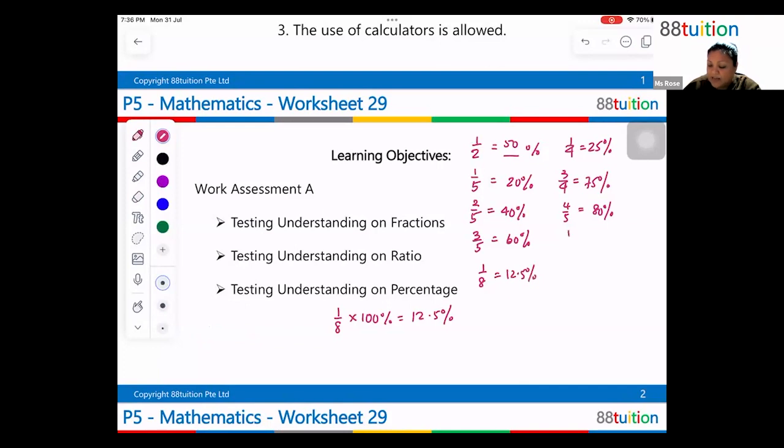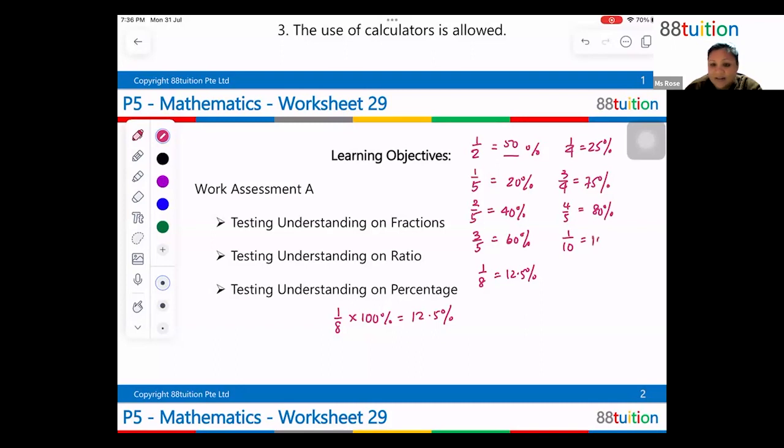So 1/10 is how many percent? Thank you, Timothy. Okay, 1/10 is how many percent? Bella, yes, correct. 10%.